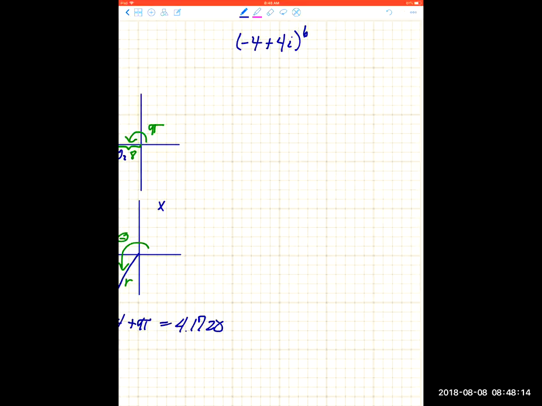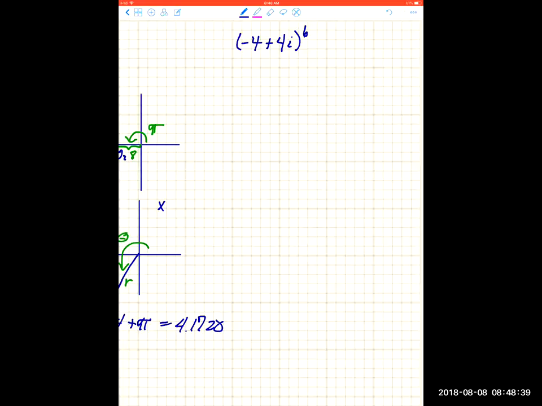So let's see what would happen if we converted this into polar coordinates. In the interest of time, converting this into polar form is in your textbook. It's on page 532, I think. I'm going to leave it to you as an exercise.